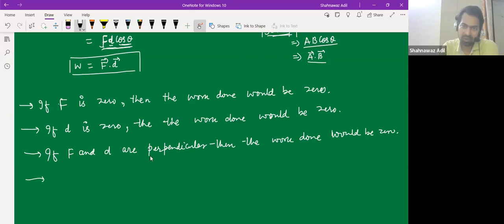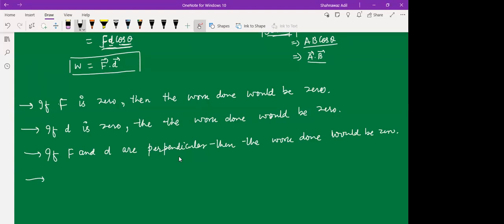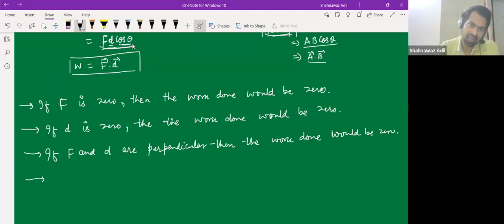Before I talk about the physical quantity work, let us also talk about whether work done can be negative or not. Yes, because this theta can be greater than 90. From 0 to 90, you have F d cos theta, and your cos theta is positive.